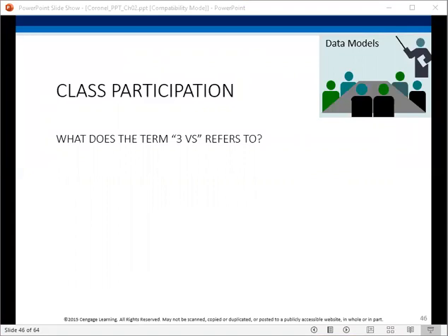Velocity is the second V, and it refers to the speed with which the data grows, but also the need to process the data quickly in order to generate information and insight. So with the advent of the internet and social media, business response times have shrunk considerably.